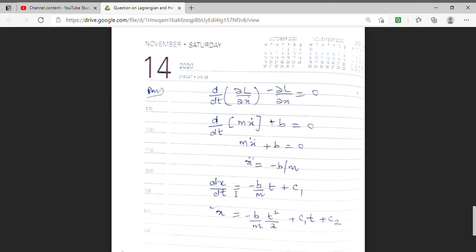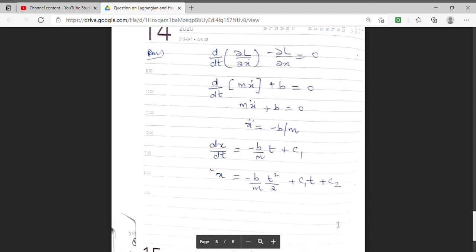Further integration gives me the value of x, which is the unknown parameter which we have to find. x comes out to be minus b by m t square by 2 plus c1t plus another constant of integration, which is denoted here by c2. So this is the value of displacement at time t.